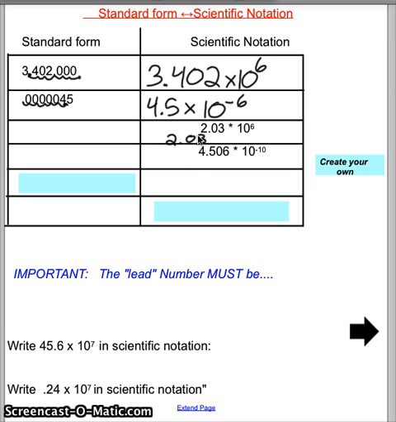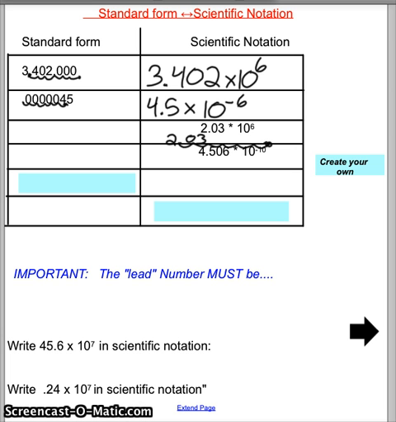Now that times 10 to the 6 means we are moving our decimal 6 spaces. Now, it is a positive 6, so we are moving our decimal 6 in a positive direction. So 1, 2, 3, 4, 5, 6. So that's where our decimal ends.